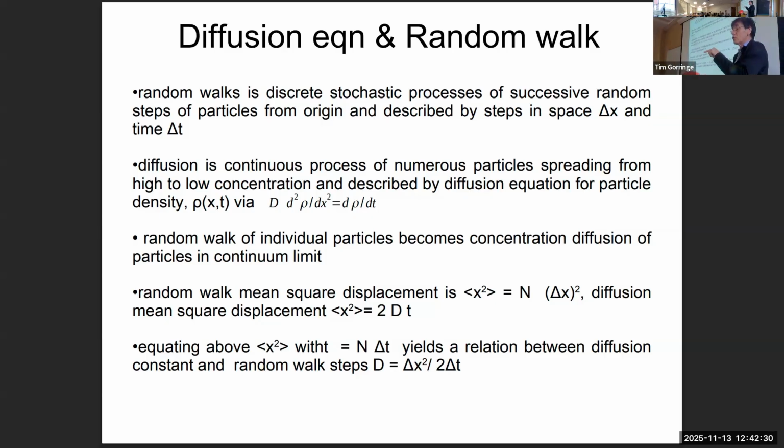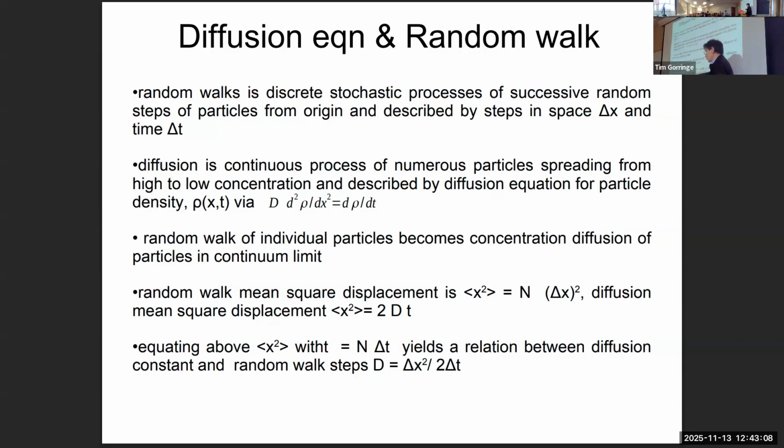So supposing you had particles undergoing a random walk, and each nanosecond, each 10 to the minus 9 of a second, they stepped a nanometer in their random walk. Those are atomic level scales. Their random walk is one nanosecond intervals and one nanometer steps.